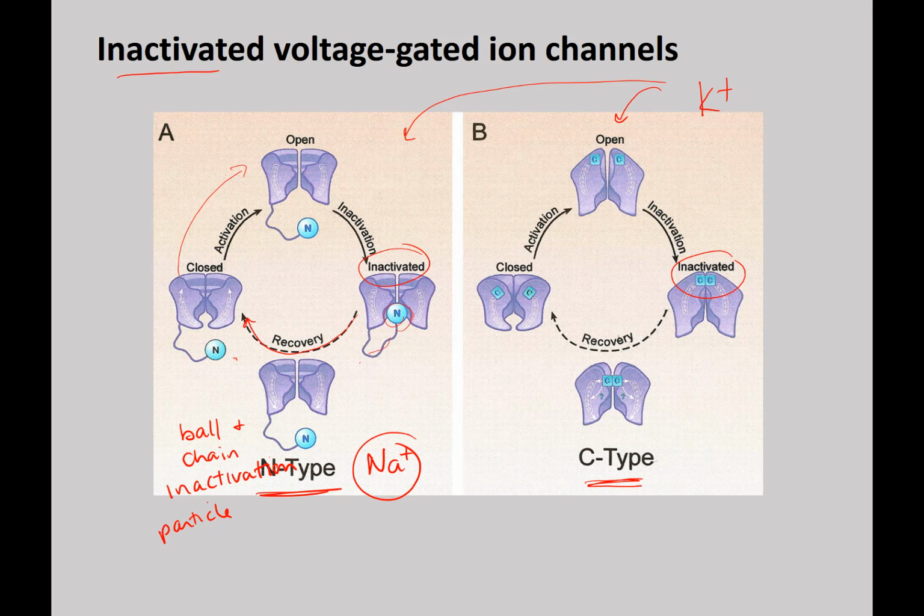If they are of the C type, this is called the N type, they are inactivated up here at what we call the mouth of the channel, whereas you can see here this is on the intracellular side, this inactivation is on the extracellular side.